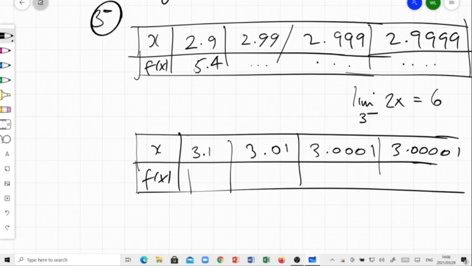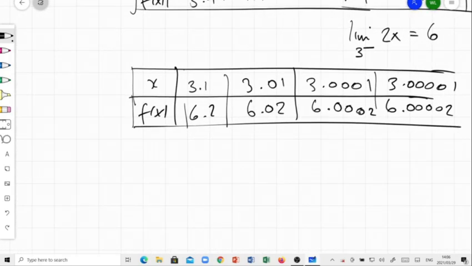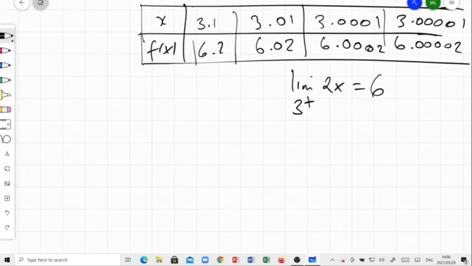If you double them up, you get 6.2, 6.02, 6.002, and 6.00002. So the limit when you approach 3 from the right of your doubling function turned out to be 6. And when the left and the right hand side limits were equal, you made the conclusion that no matter which direction I approach 3, there's only two of them, the limit at 3 of the doubling function was equal to 6. That's high school maths.